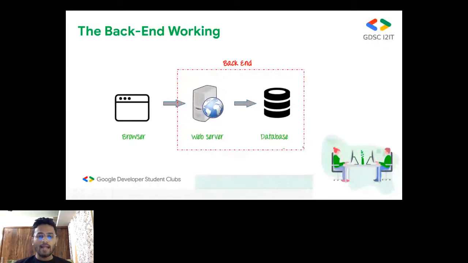At the user's request, the web server will grab this particular data from the database and then send the output. Now that's about the backend working. If you want to get started with it, you should have basic knowledge about servers, databases, and APIs. Once you have knowledge about this stuff, you're good to go.